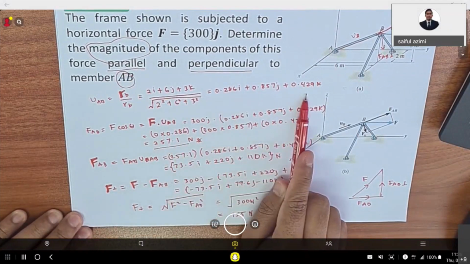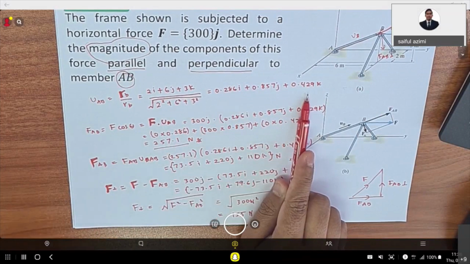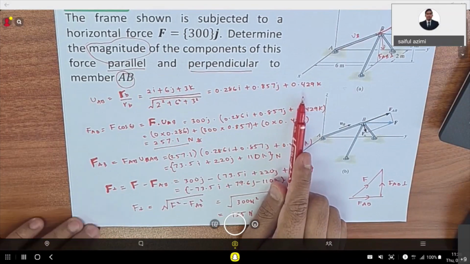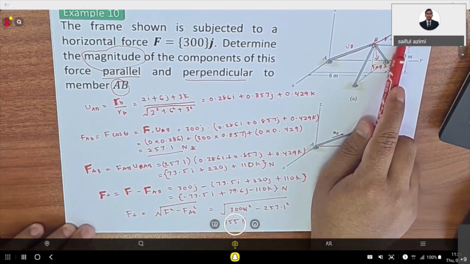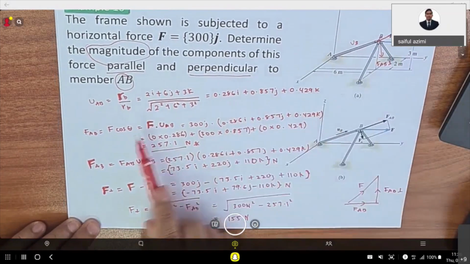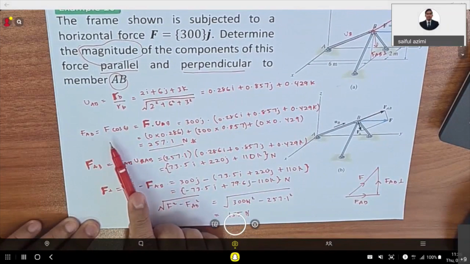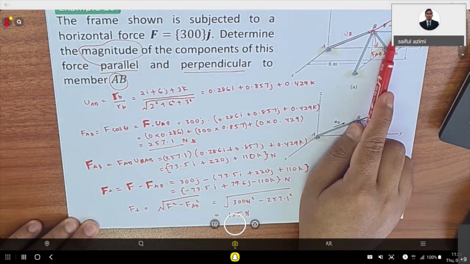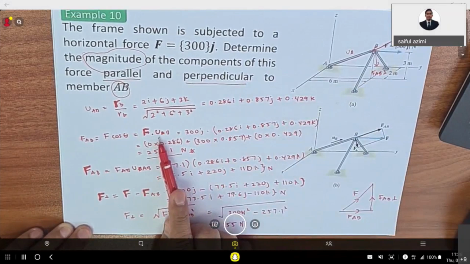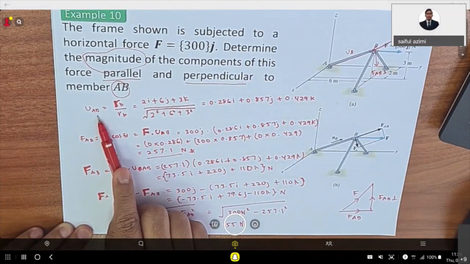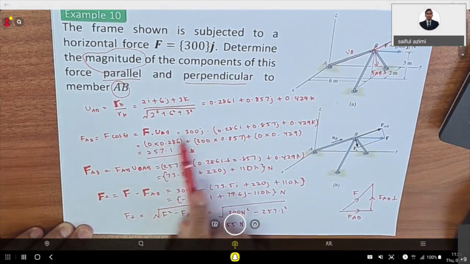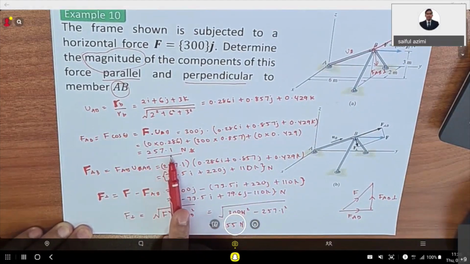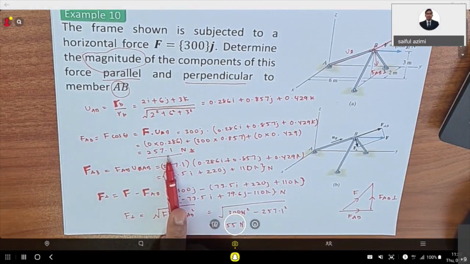Get this answer, and then from this answer, you can find the magnitude of the force AB by using the dot product. FAB equals F cos theta equals the vector F dot with the unit vector of the axis that you wanted to find. And then you solve it, and you will get this answer, 257.1. So this is the magnitude.